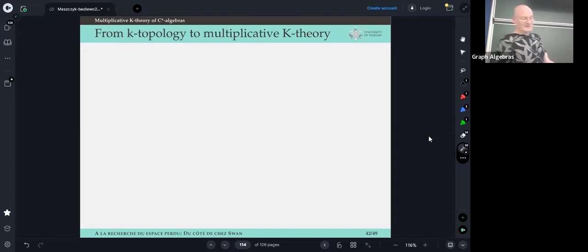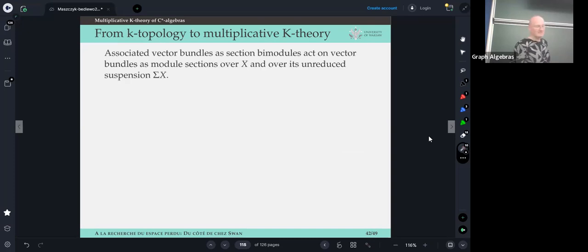The final point is that this K topology allows us to create multiplicative K-theory. It is based on the fact that associated vector bundles are not only one-sided modules, they are bimodules. And being bimodules, they can be regarded as operations on K-theory.